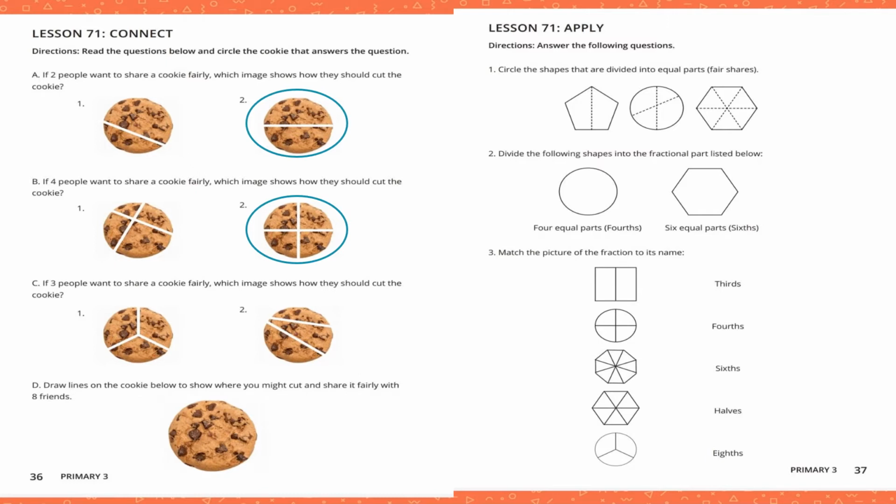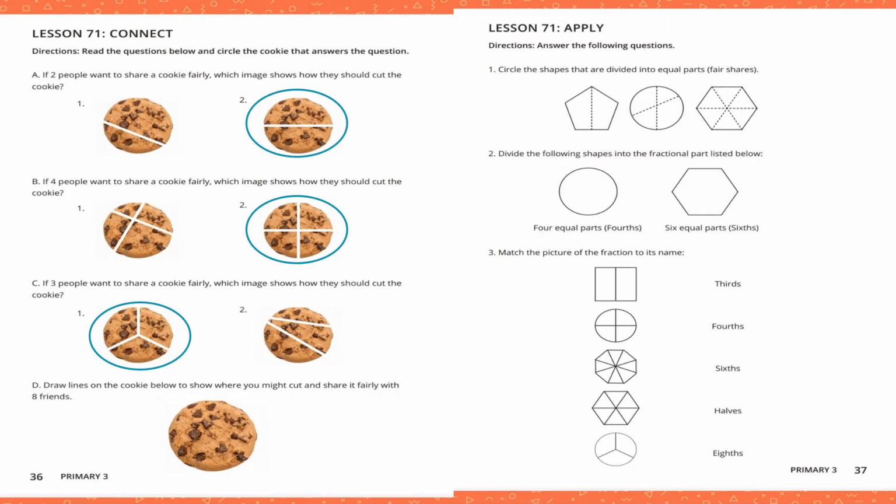Question C. If 3 people want to share a cookie fairly, again, which image shows how they should cut the cookie? I have 3 people, so this or this? Sure, number 1. Draw lines.